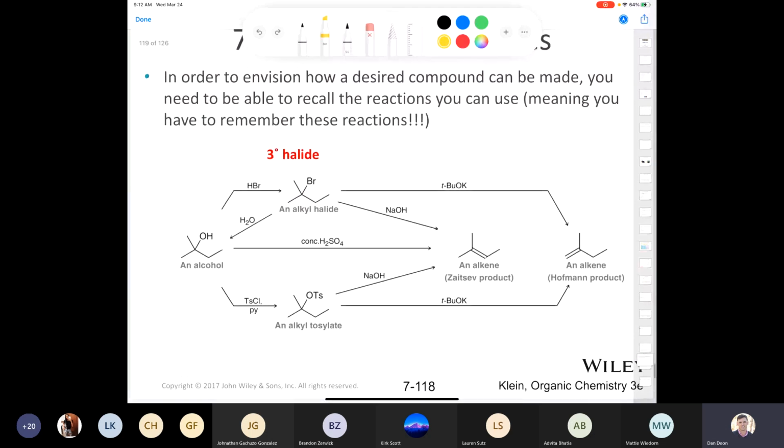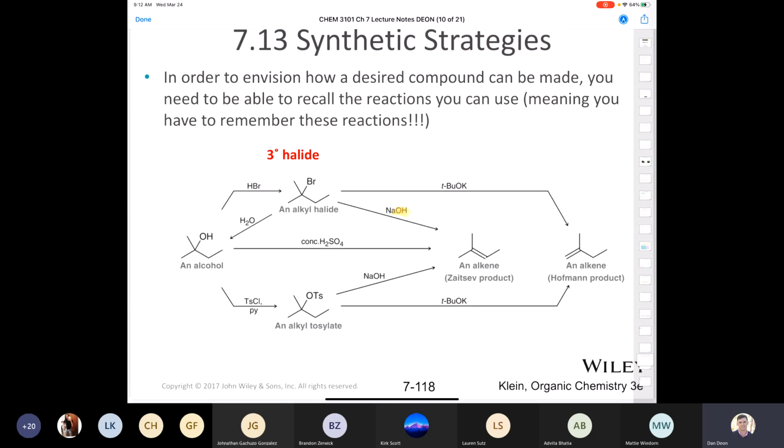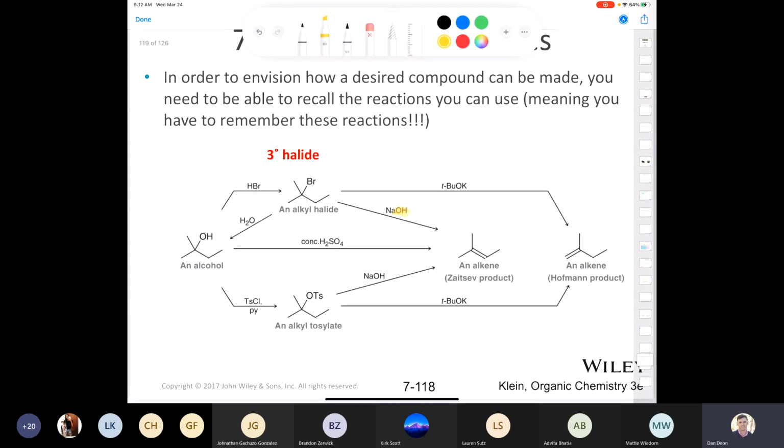Well, there's a lot of repetition on this one. If we treat it with a strong base, strong nucleophile, we're mostly going to get the Zaitsev product. We're going to get some of the Hoffman product in that case. Keep in mind this is a tertiary alkyl halide. If we treat it with a hindered base, we're only going to produce the Hoffman product. We would produce a little bit of the Zaitsev product as well.